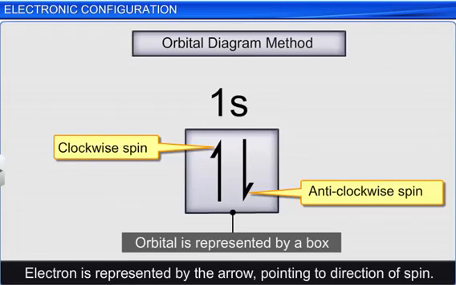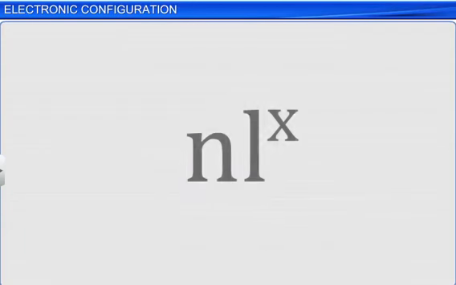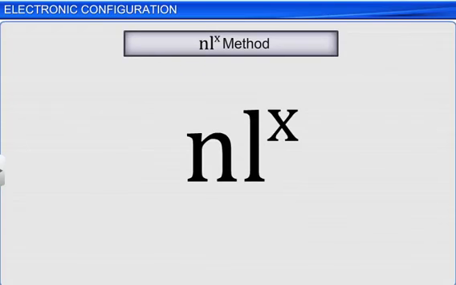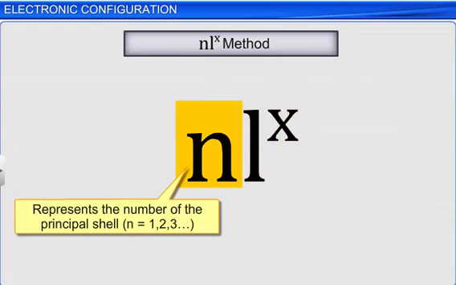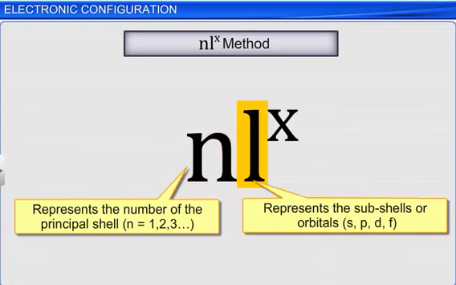The other way of representing the electronic configuration is by the nlx method. Here, n represents the number of the principal shell, that is 1, 2, 3, etc. l represents any subshell or any orbital: s, p, d, f, and x represents the number of electrons present in that orbital.